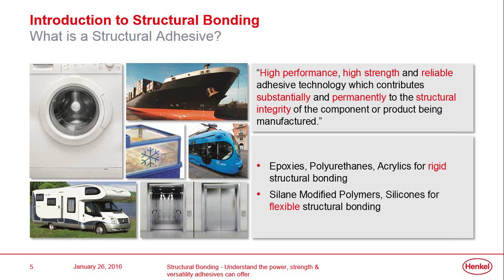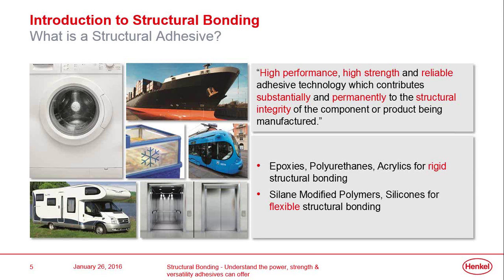So, for example, the motorhome that you see at the bottom of the picture, we're talking here about the assembly of the side walls of this vehicle. We're talking about joining the structure together, the chassis to the side walls, the roof to the side walls, and so on, rather than perhaps smaller plastic trim parts, which we wouldn't necessarily include in high performance bonding.